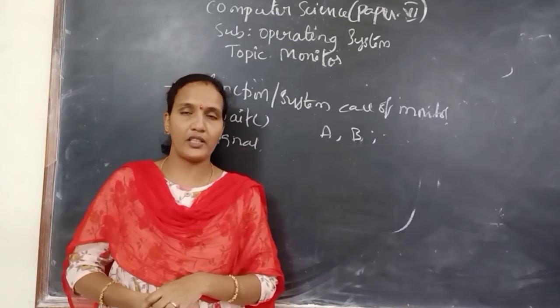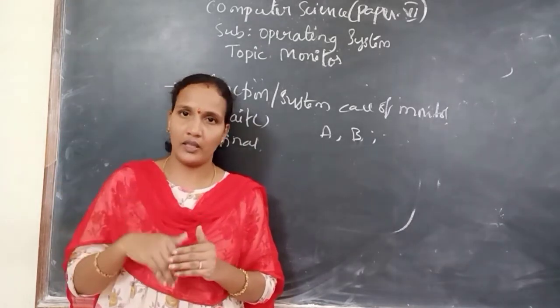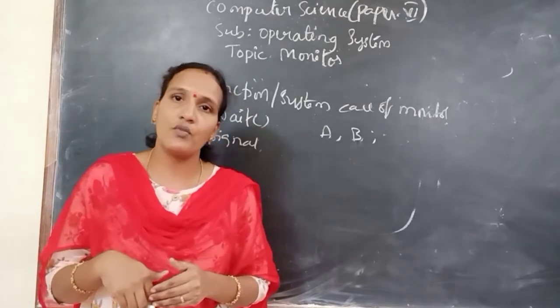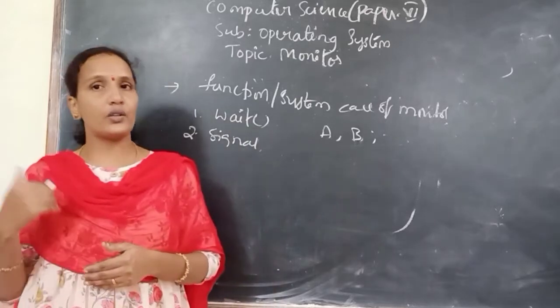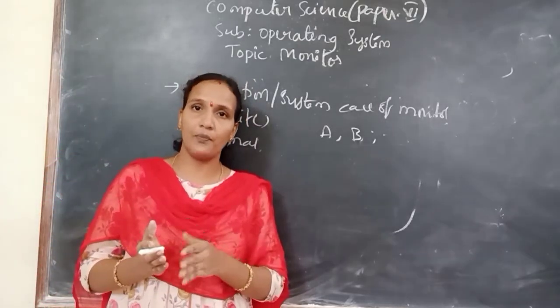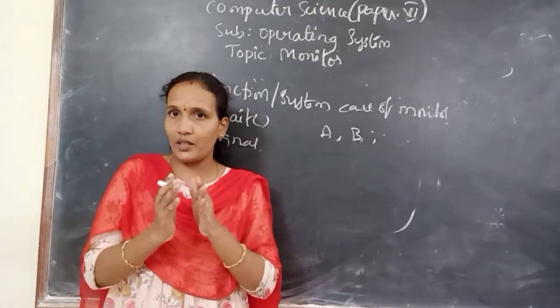That point I have actually forgotten. So conditional variables the outside process cannot use. Whatever local variables are there inside the monitor, those variables also cannot be used by the outside process, but the outside process can use the procedures of that monitor.